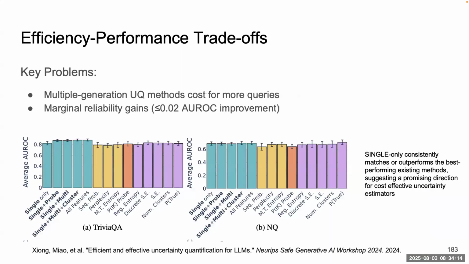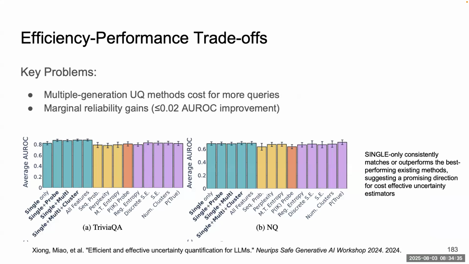Okay. And another drawback people always criticize about uncertainty quantification methods is that multiple-generation methods usually cost more tokens or more queries, but they are having marginal gains. This is a paper I personally like that does a lot of benchmarking evaluations.